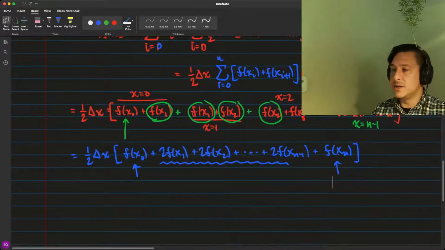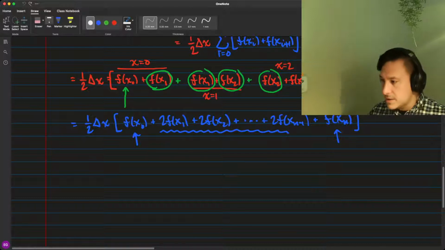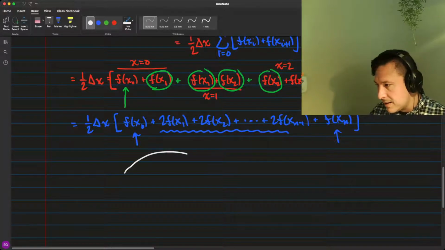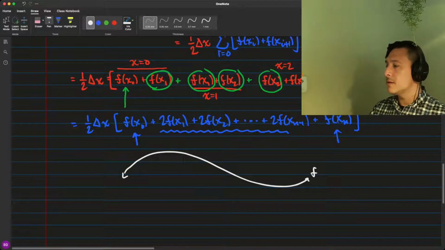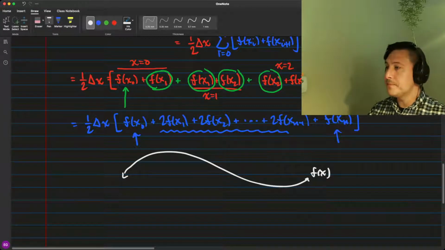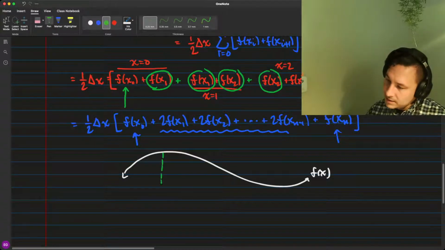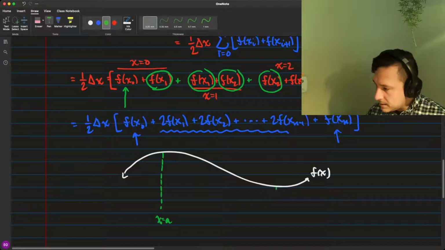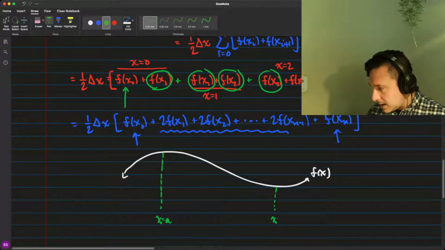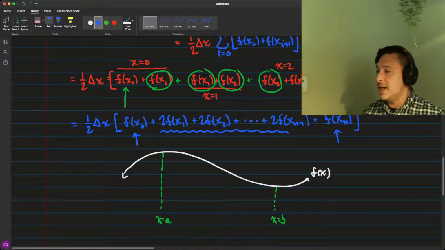And we found out that there's a rule for estimating area. So if you've got your function f of x and you want to find the area between x equals a and x equals b, you can partition this into n points.